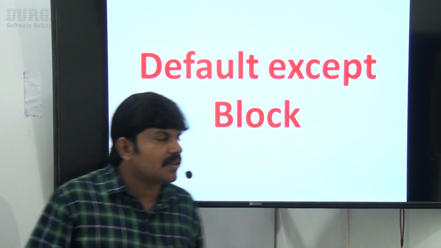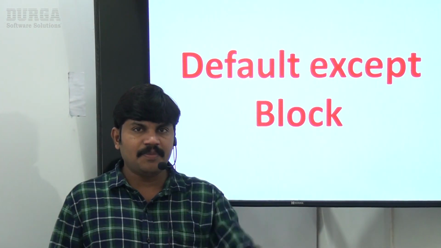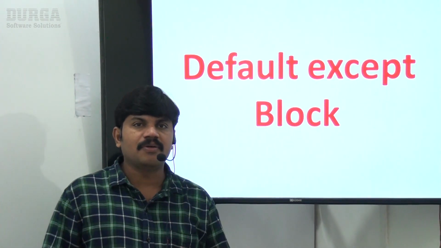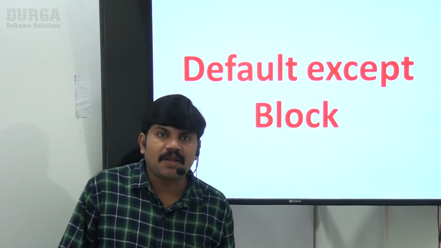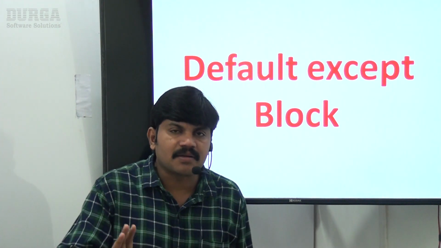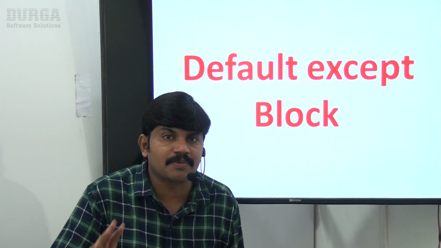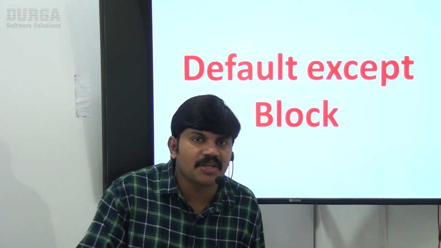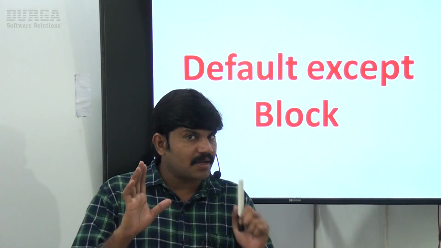Now the next thing I have to discuss is the default except block. Remember this one: the name itself indicates a default except block. What is its purpose? Very simple: the default except block will be executed if no other except block matched.